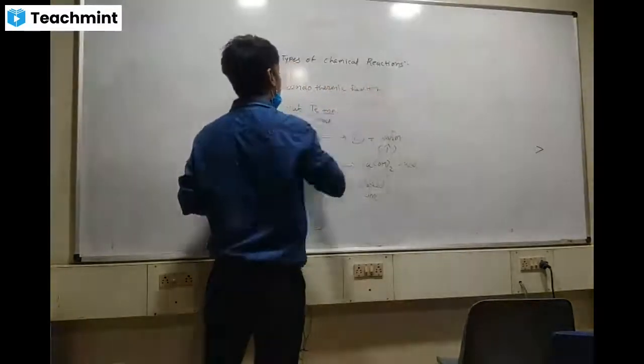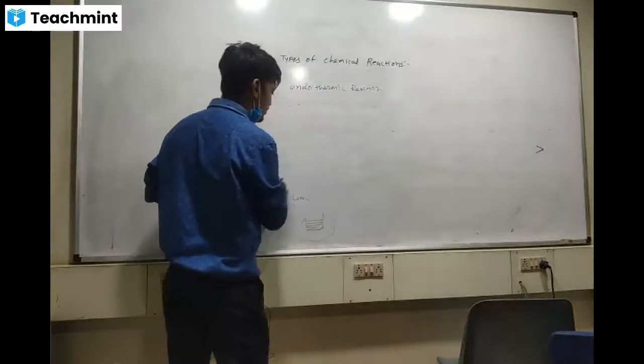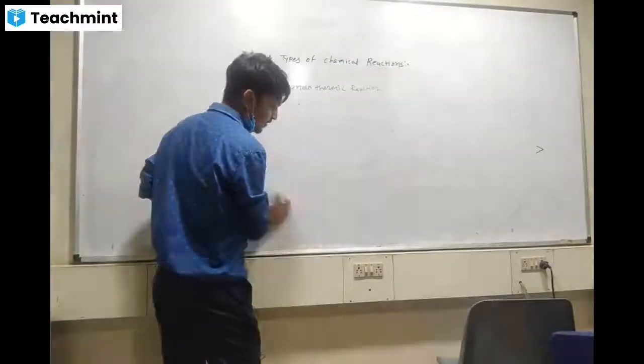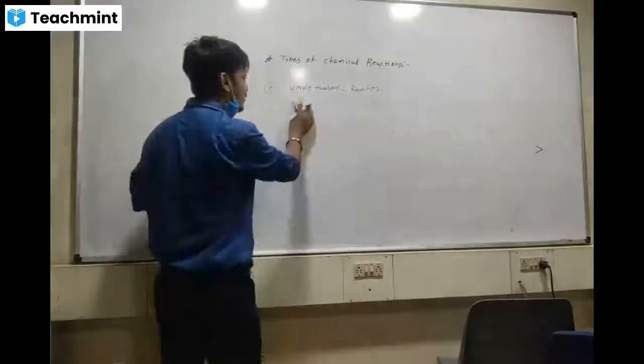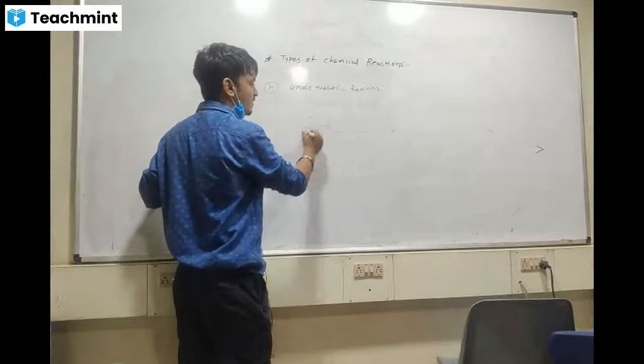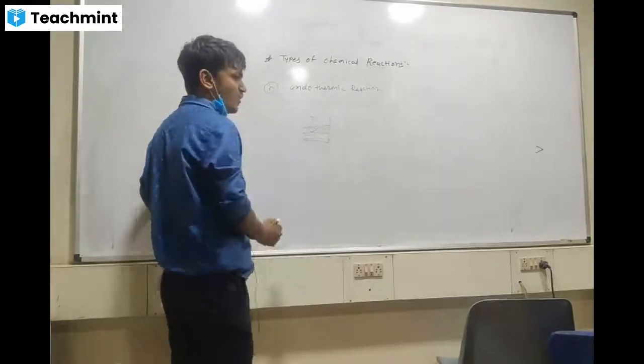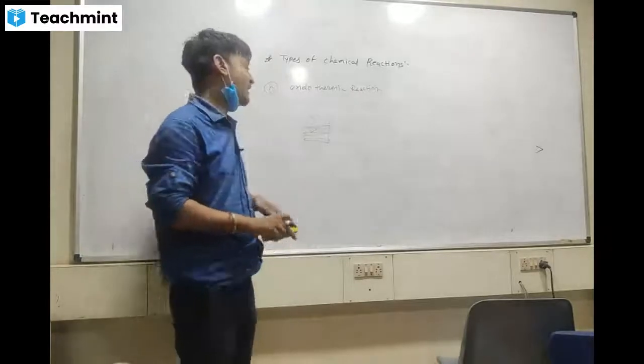So what is an endothermic reaction? So you know, if you want to make pulao, what you have to do, you have to take one container, water and rice, and you have to apply heat. So for this process you require heat.